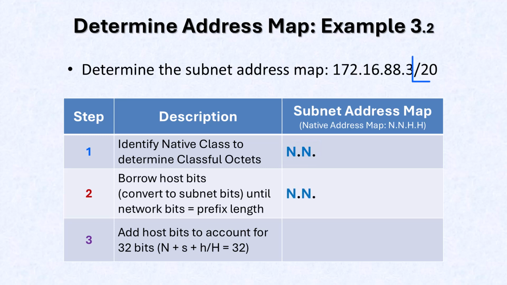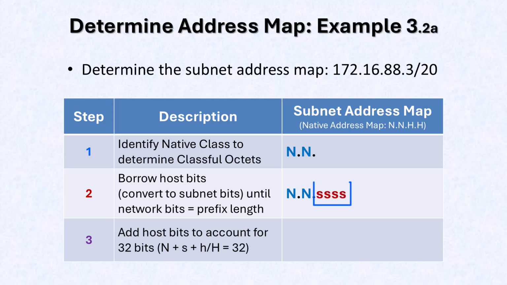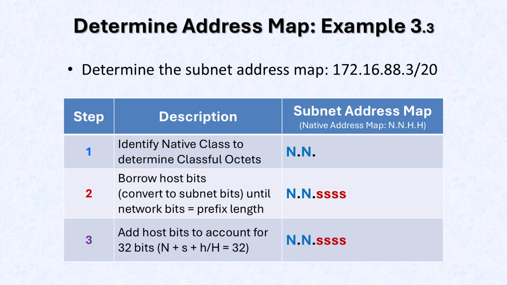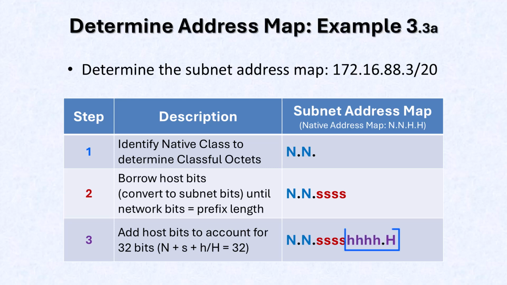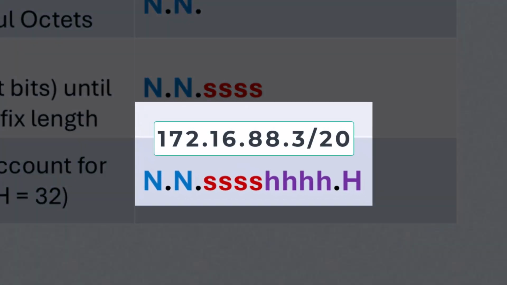In Step 2, since the prefix length is 20, we borrow 4 bits. This gives us a total of 20 network bits. In Step 3, we add 12 host bits to account for a total of 32 bits. This is the subnet address map for the given address.